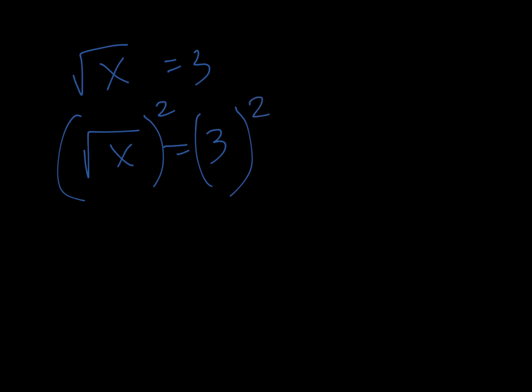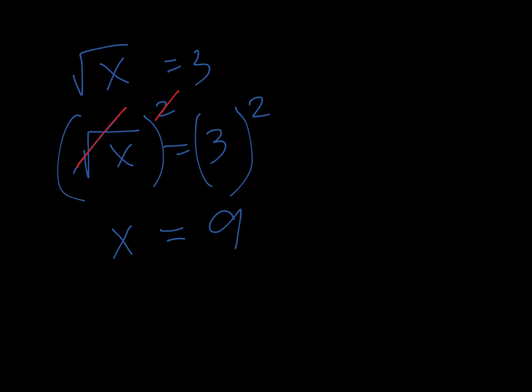Then simplify, cancel the radicand and the exponent. Then copy inside the radical, which is x is equal to, then simplify, 3 squared is 9. So that's the correct answer.